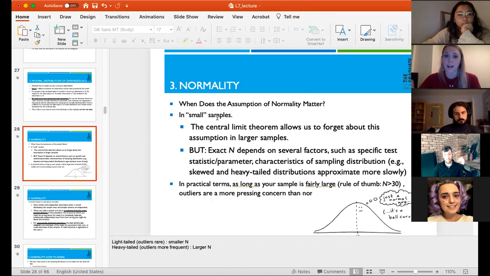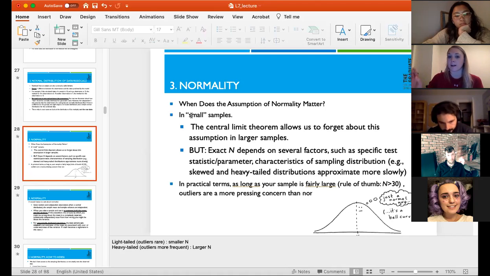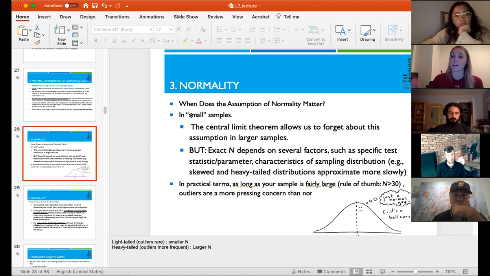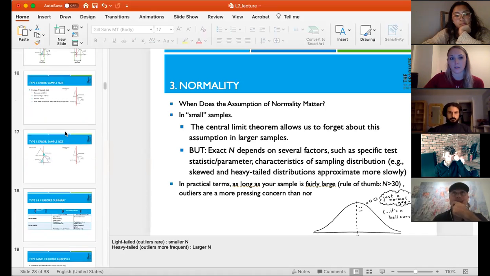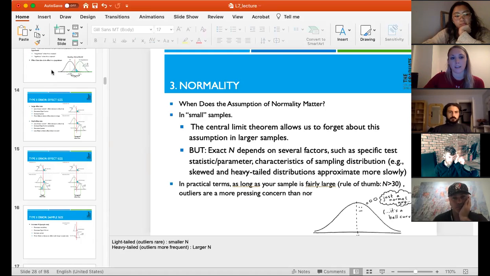Remember, as your sample sizes get larger, your distribution approaches normality, and the sampling distribution also will approach normality because of your increasing sample size. But in small samples, you have a problem where your sampling distribution is not necessarily normal. And think back to what we're doing here, all the way back to making our decision.